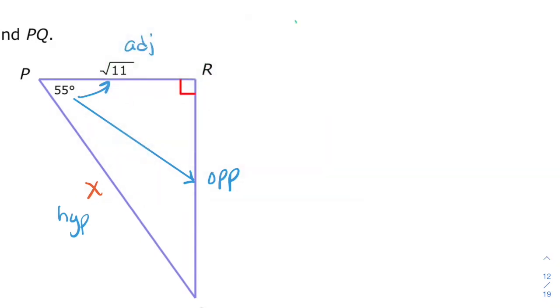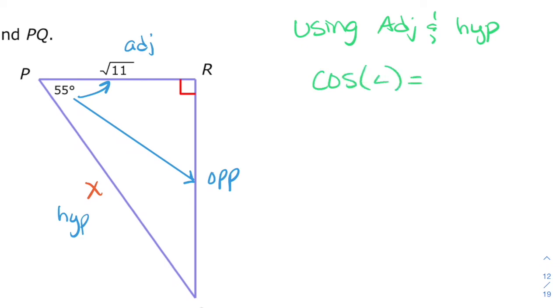So what does that mean? That means that we're going to be using the cosine function. So cosine of my angle equals the adjacent side over my hypotenuse side.